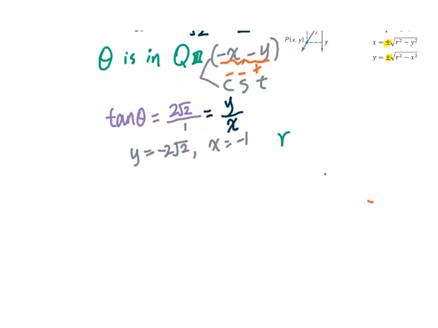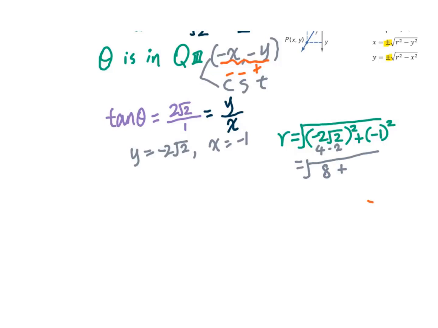Therefore, r equals the square root of (negative 2 square root of 2) squared plus (negative 1) squared. This is 4 times 2, that's 8, plus 1, so square root of 9, that's 3.